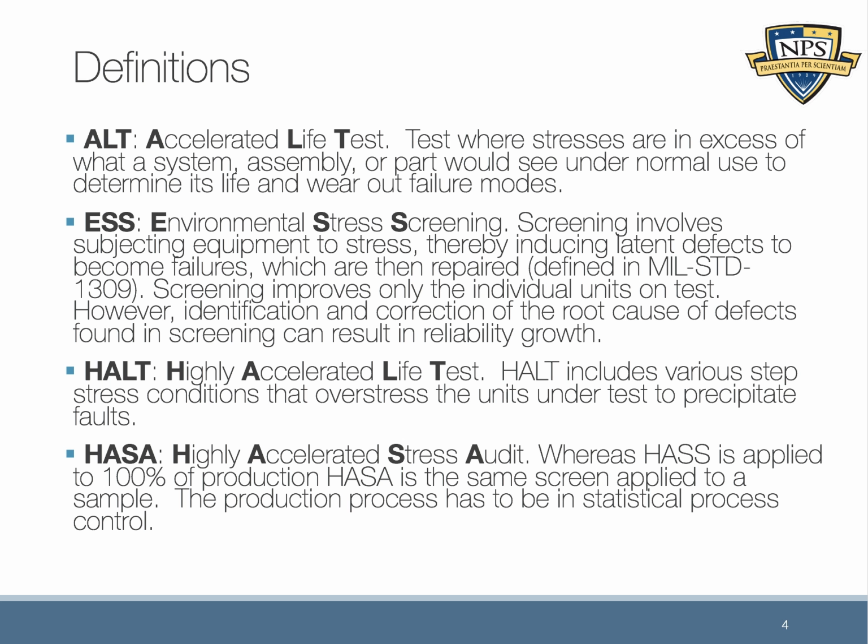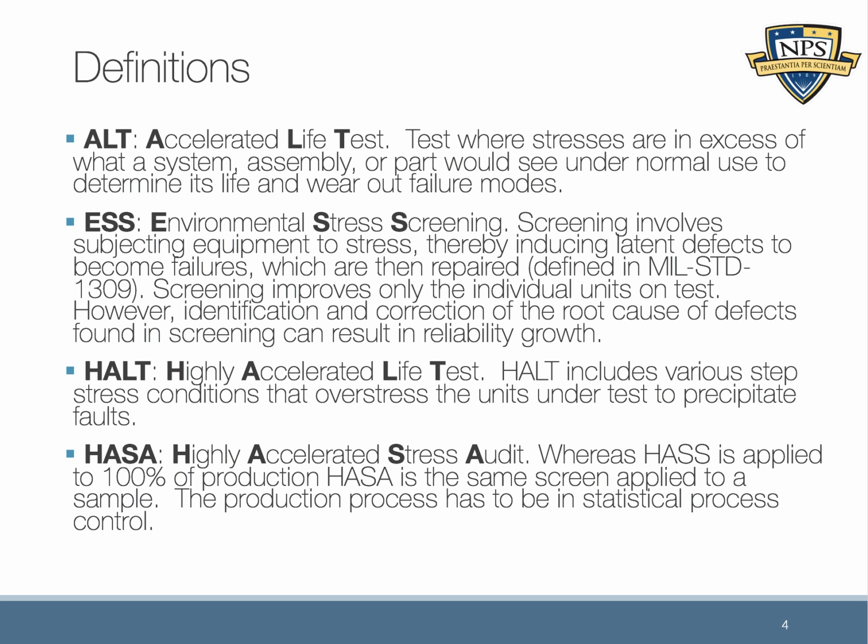HALT is highly accelerated life test. So it adds on the highly to the ALT, which is the first definition. And so HALT includes various step stresses, and we'll talk about the stresses later. And those are conditions that overstress the unit under certain conditions and essentially, again, pull out the faults in the system or the failures in the system.